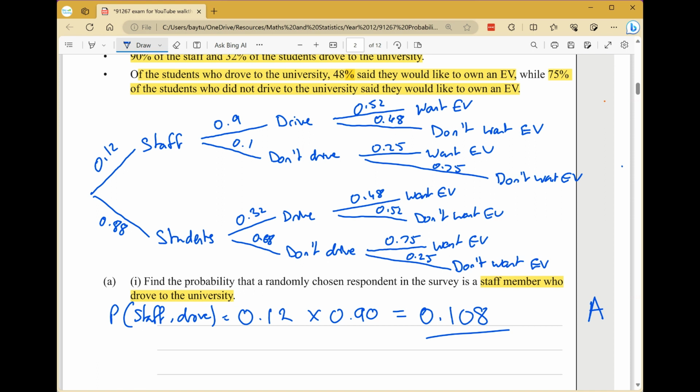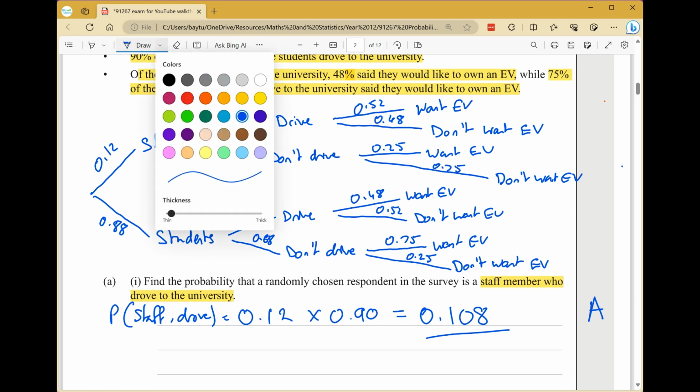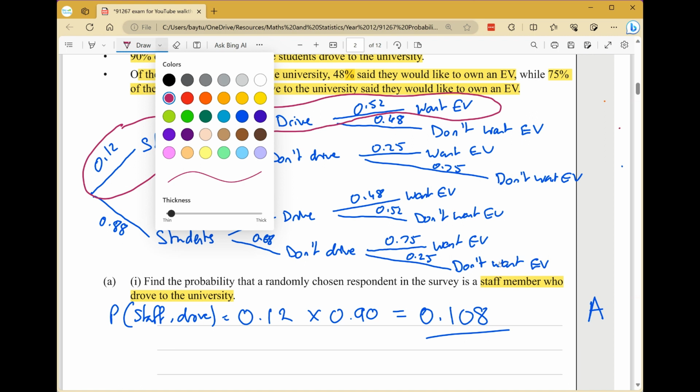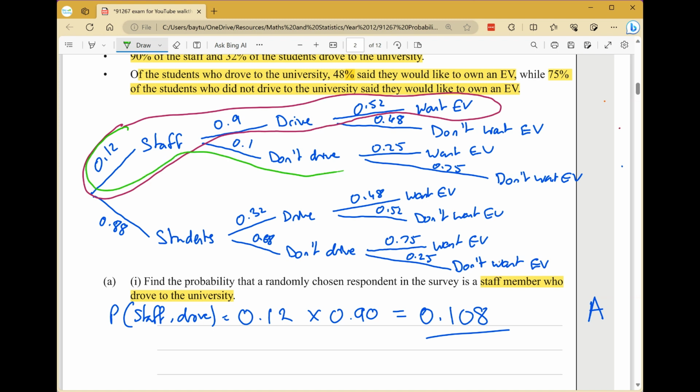So the question is, what percentage of all survey respondents would like to own an EV? So a bit like we did before, let's circle all of the outcomes where that individual wants an EV. So we could have a staff member who drives who wants an EV. We could have a staff member who doesn't drive who wants an EV.